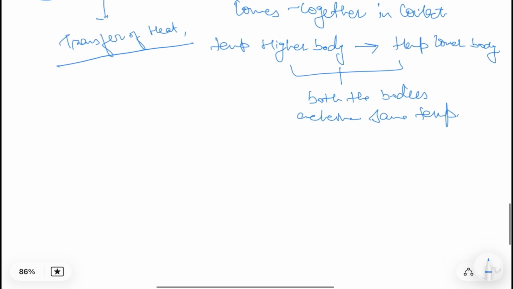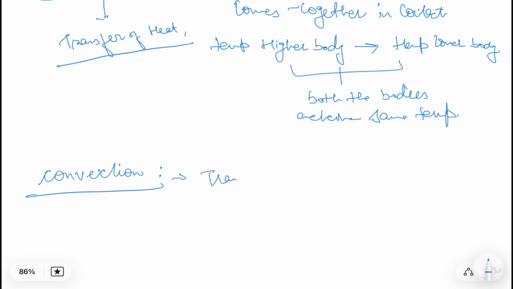Next we have the convection. So what is convection? Transfer of heat. How does this transfer of heat happen?